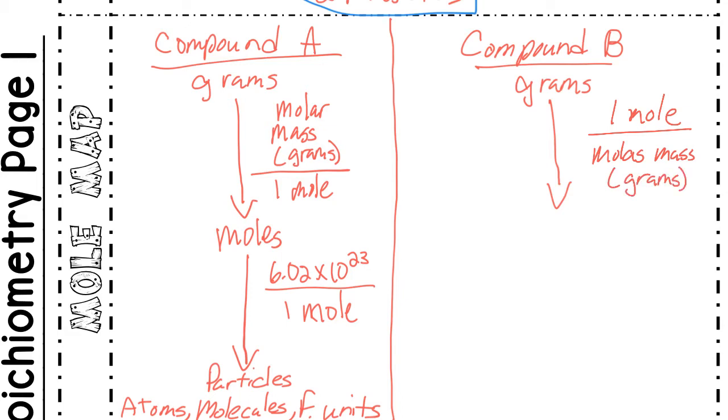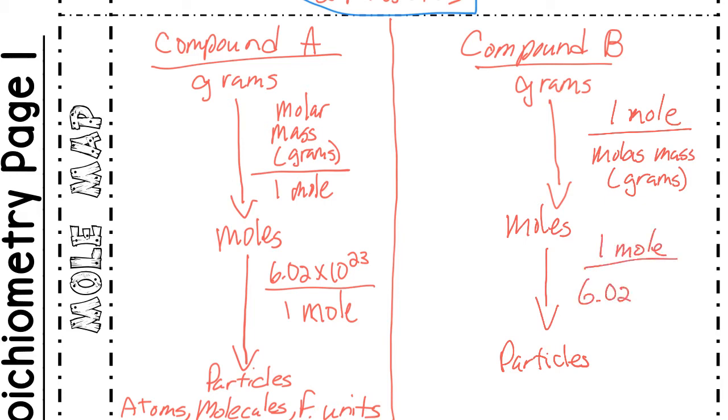And I can go from grams to moles, and then from moles to the number of particles. And again, the conversion factor is going to be 1 mole is equal to 6.02 times 10 to the 23rd of those particles.